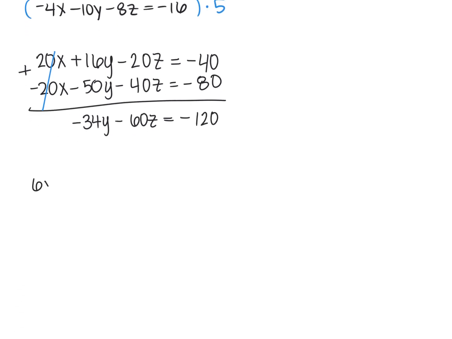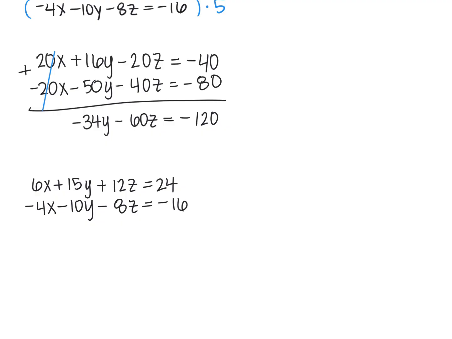So we'll have 6x plus 15y plus 12z equals 24. And I need to choose which equation I'm going to be reusing. And I'm going to go ahead and reuse the equation that already has the negative x. So that's negative 4x minus 10y minus 8z equals negative 16.